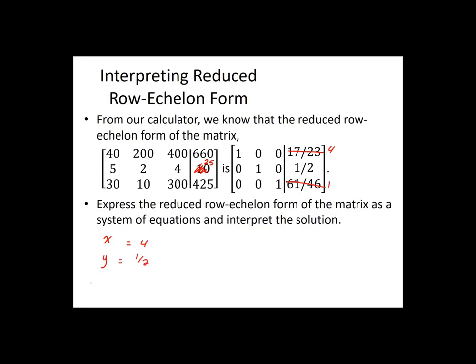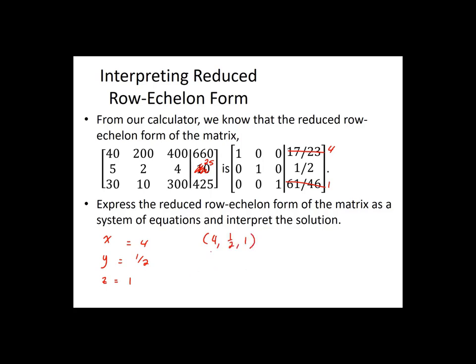Third row is 0x plus 0y plus 1z equals 1. So I've written these as x equals 4, y equals 1 half, z equals 1. And this is an ordered triple, parentheses, 4, comma, 1 half, comma, 1, close parentheses.